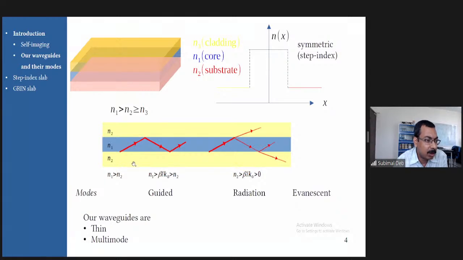Primarily, the guided mode, which remains confined only to the core of the waveguide, and the radiation modes, which leak out of the core into the cladding, and thereby we lose energy of the input beam as it propagates through the waveguide. The other thing that we must note is that the waveguides we are considering are thin and multimode because the width of the input beam is very small.